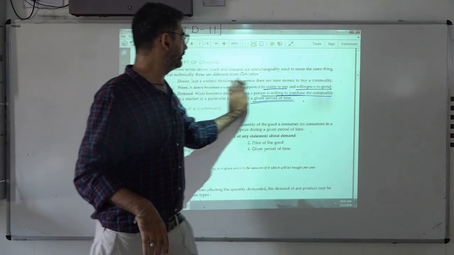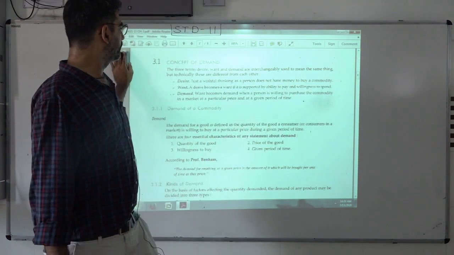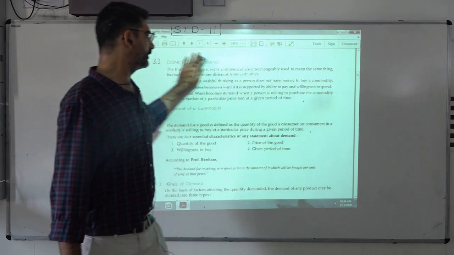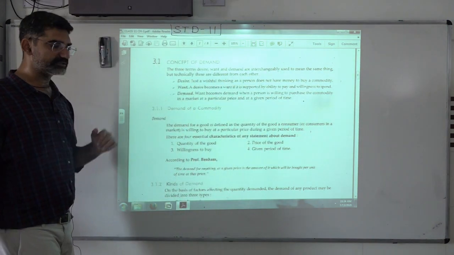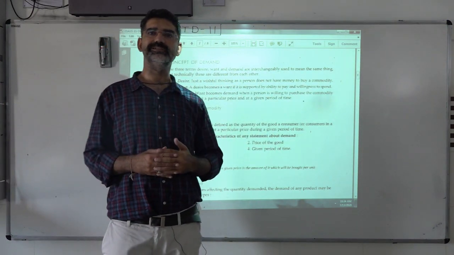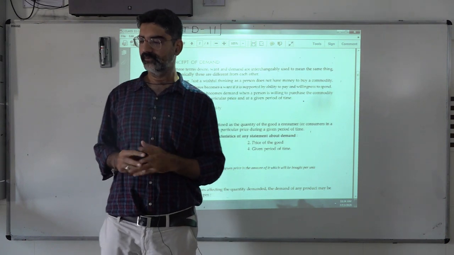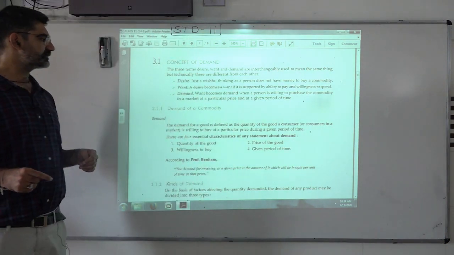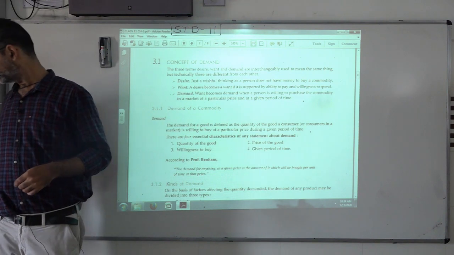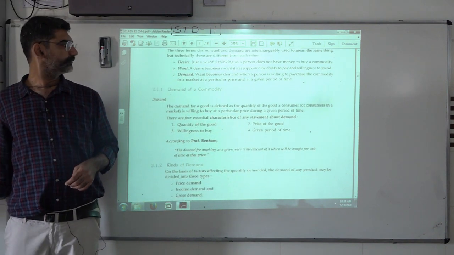So these are the three terms which were actually used interchangeably. Now, if you are clear with these three terms, you can differentiate between them technically. Okay, now let's talk about the demand of a commodity.